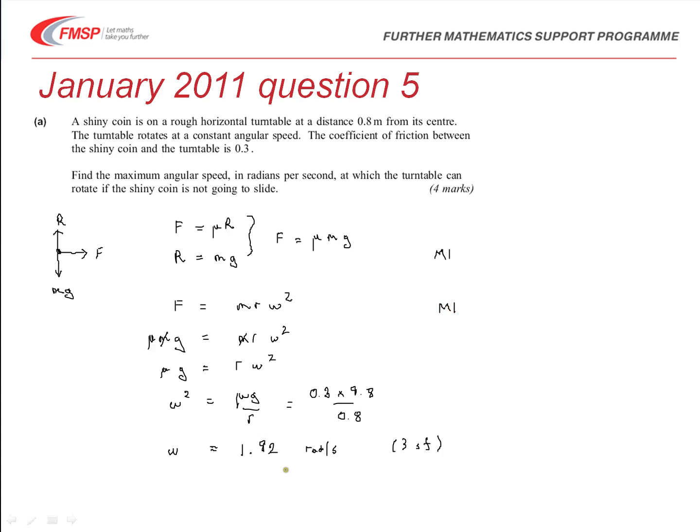Then rearranging and substituting in the values, 1 mark, and then finally to get the answer that you require will give you 1 mark. Okay, so 4 marks fairly straightforwardly found in this particular case.